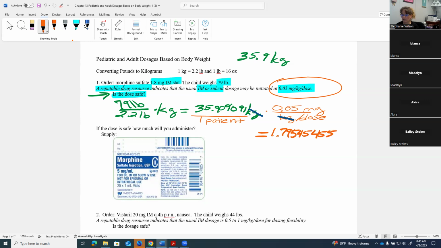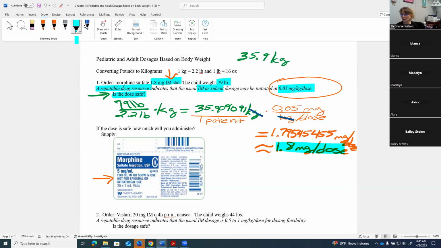However, we know that's not our final answer. Since it is milligrams and intramuscular, that's an injection, and it should state in here as well that it's an injection. Whenever it's greater than 1, we round to the nearest tenths. So if we round to the nearest tenths, we get 1.8 milligrams per dose.